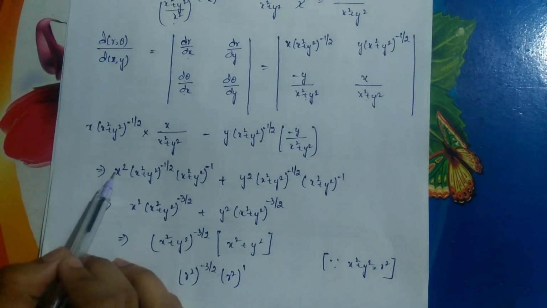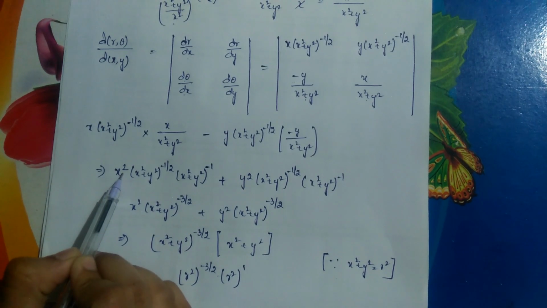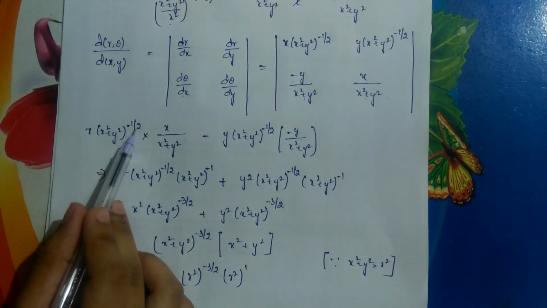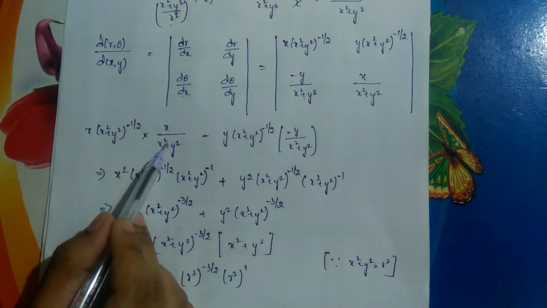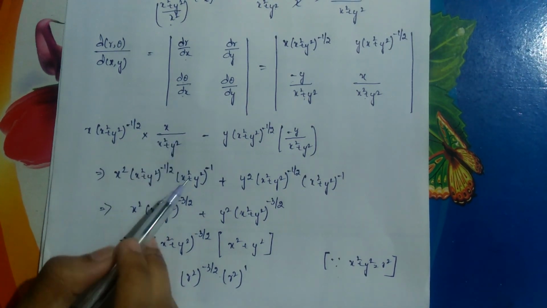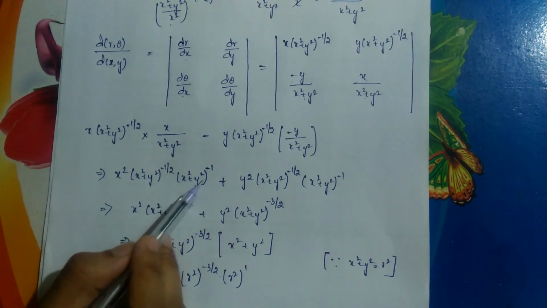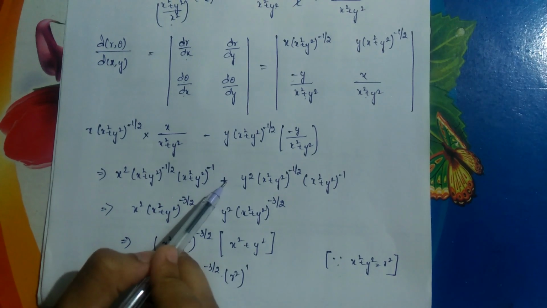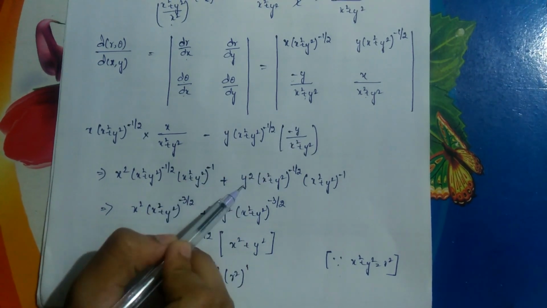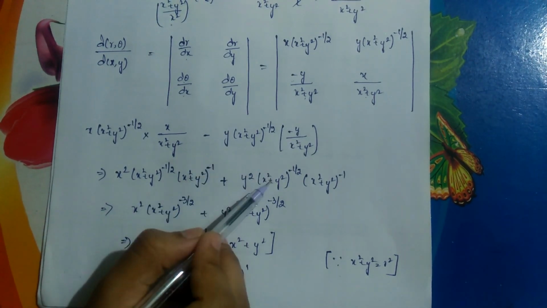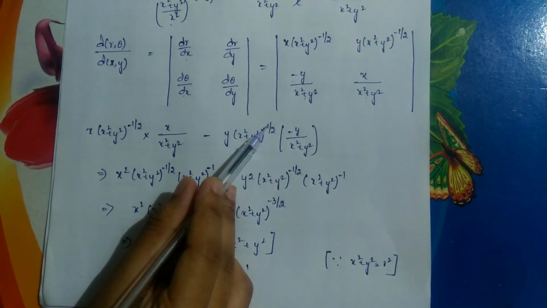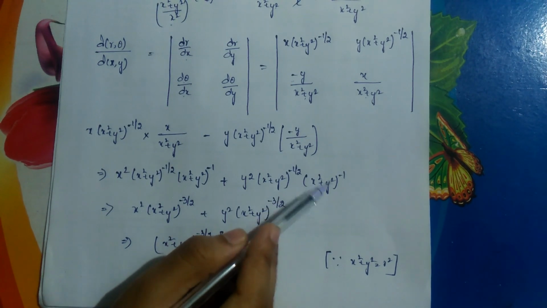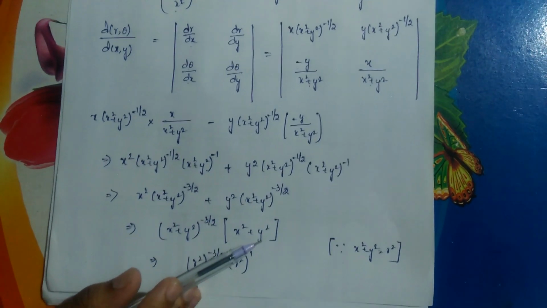So here x into x is x², and (x² plus y²)^(-1/2). Then 1 by (x² plus y²) can also be written as (x² plus y²)^(-1). And then here minus into minus is plus, y into y is y², and here (x² plus y²)^(-1/2). Then 1 by (x² plus y²) can also be written as (x² plus y²)^(-1).